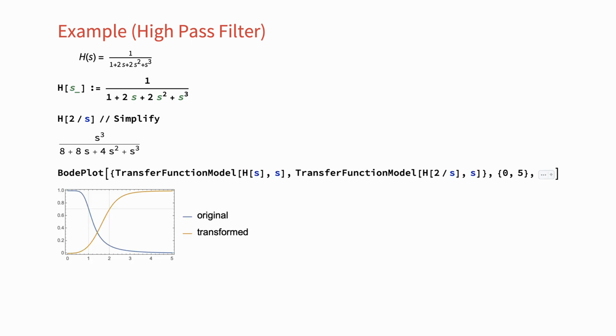As an example, given the normalized low-pass Butterworth filter shown here, let's find the transfer function of a high-pass filter with cutoff frequency equal to 2 radians per second. Using the Wolfram language, starting with the original transfer function, if we apply the transformation s going to 2 over s, we get the transfer function for the high-pass filter. If we get the Bode plot of the 2 filters, you can see that we have a high-pass filter.